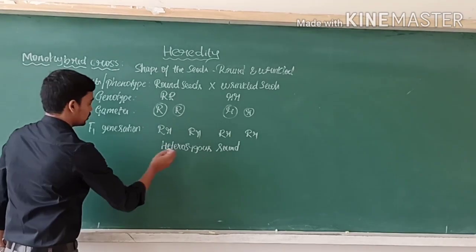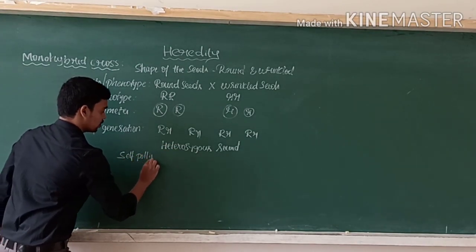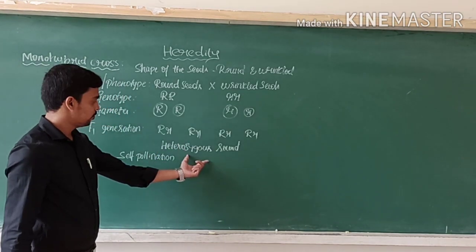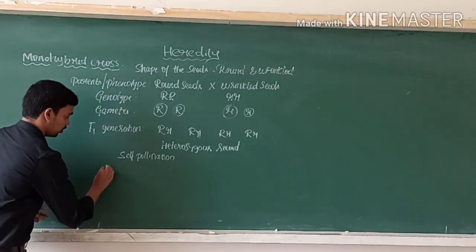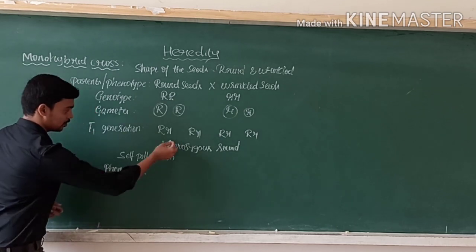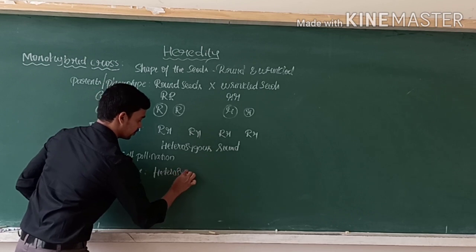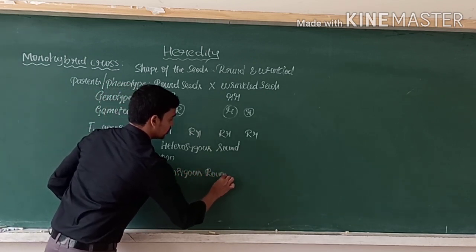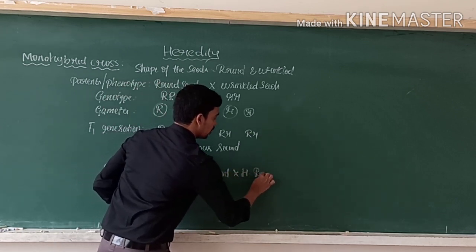When self-pollination takes place between the F1 generation, here this is the F1 generation. Parents of phenotype: this is the phenotype, that is heterozygous round, crossed with heterozygous round.